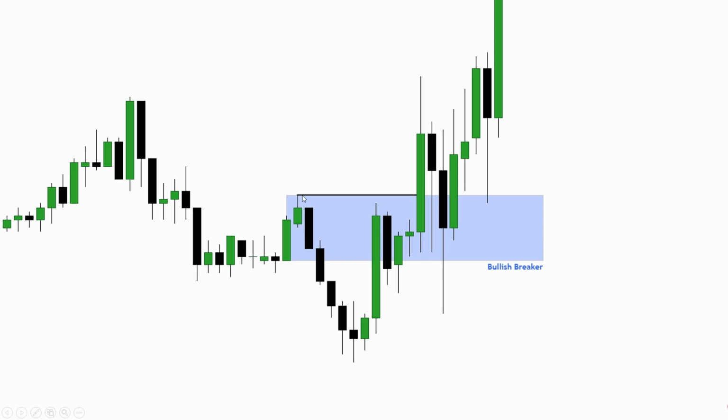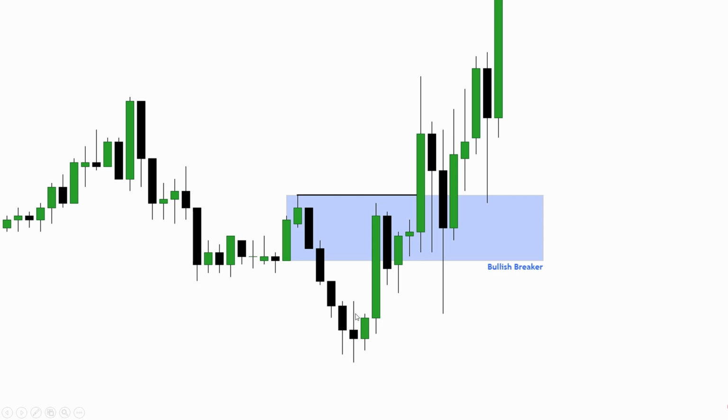Now we have this high of this leg, and many of you think that this high needs to be violated. We need to come above this high, and now this is the ICT breaker. But no, with the confirmation of your high time frame narrative, you can enter below the sell stops with the ICT 2022 model, or you can enter in this leg with a fair value gap, inversion fair value gap, or order block.